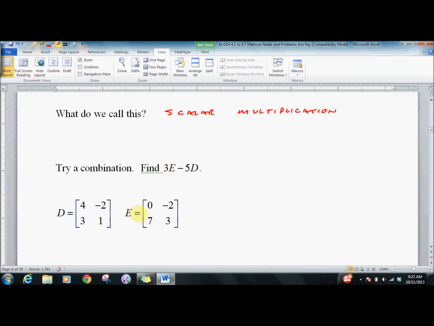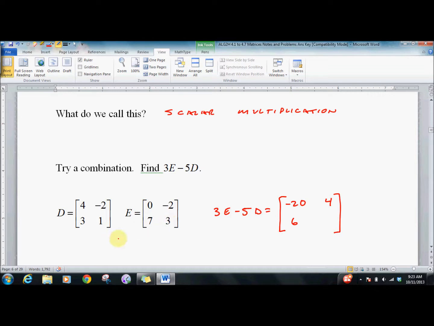Let's do it twice. 3 times E, and I'm just going to do them on the fly. 3E minus 5D equals, and I don't recommend this because I make mistakes. 0 minus 20 is negative 20. Negative 6 plus 10 is 4. 21 minus 15 is 6.